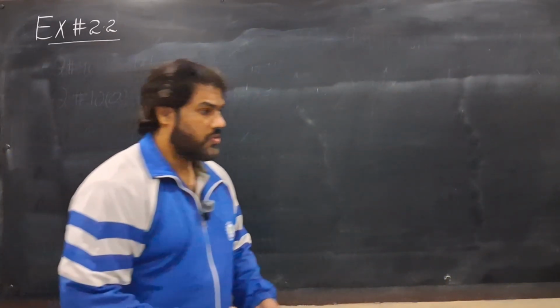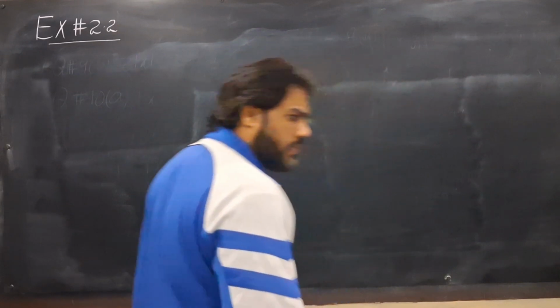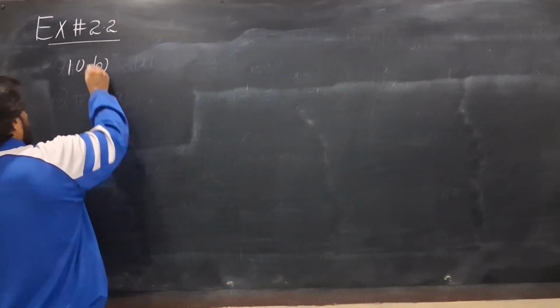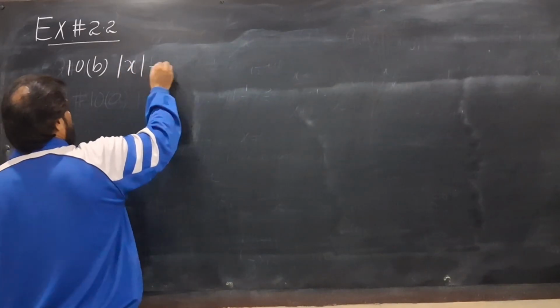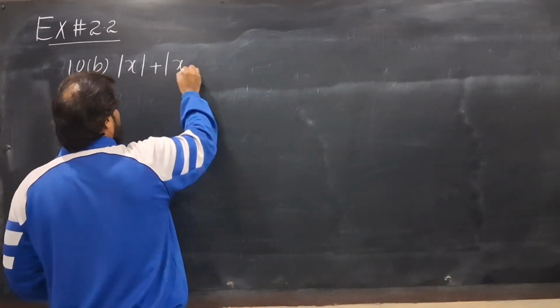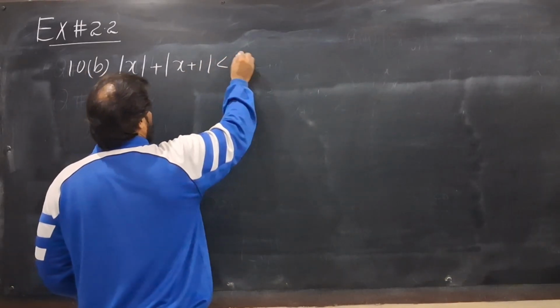Question number 10b is absolute value of x plus absolute value of x plus 1 is less than 2.